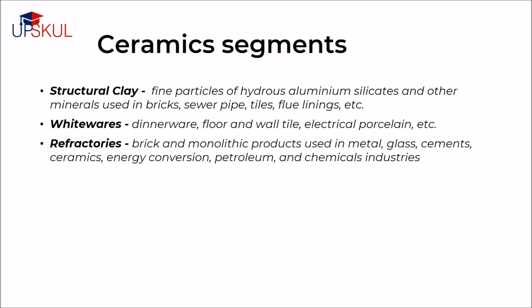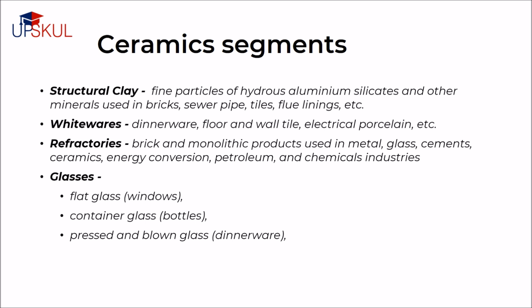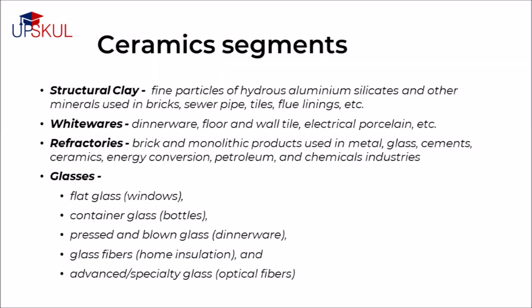Refractories are brick and monolithic products used in metal, glass, cements, ceramics, energy conversion, petroleum, and chemical industries. Glasses such as flat glass is used to make windows, container glass is used to make bottles, pressed and blown glass is used to make beautiful dinnerware, and glass fibers are used in home insulation, and advanced specialty glass is used in optical fibers.